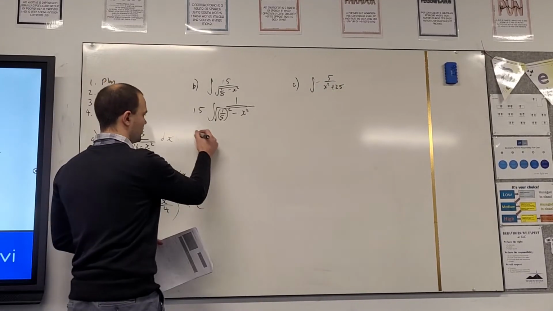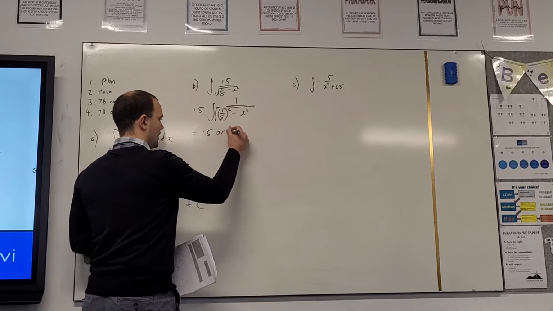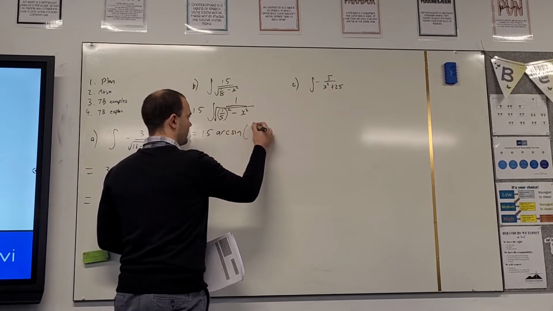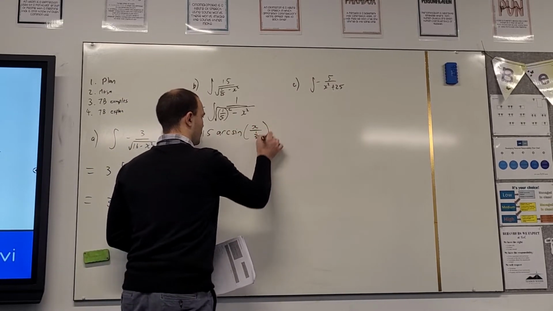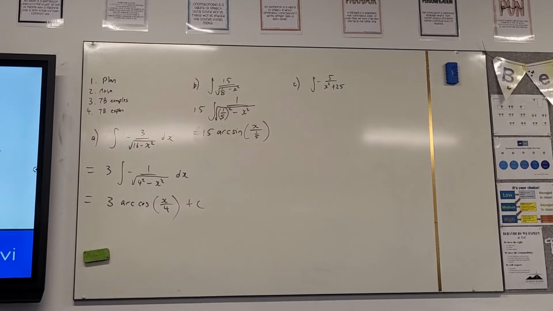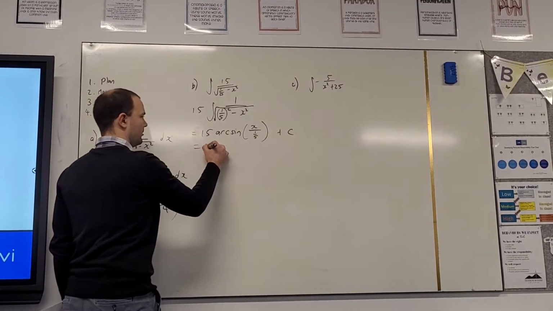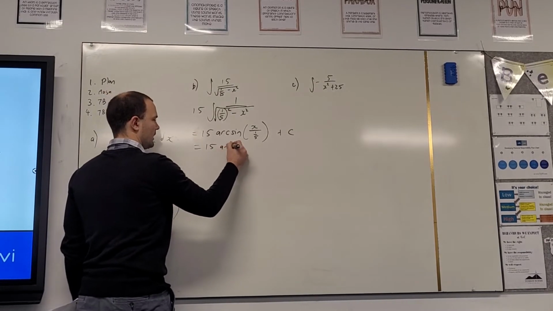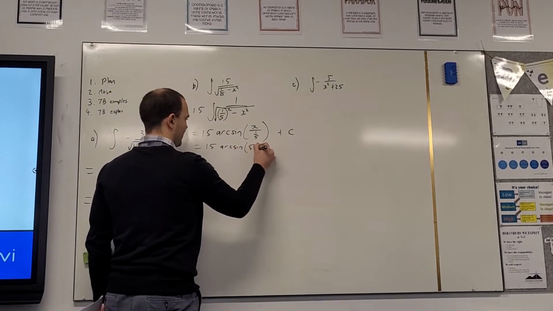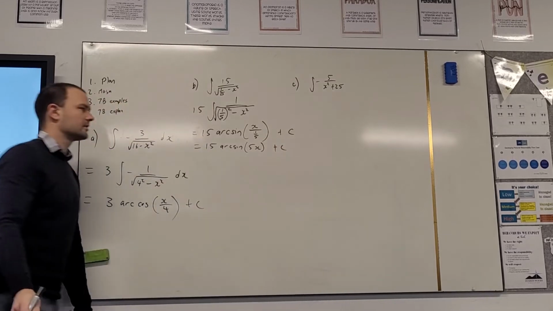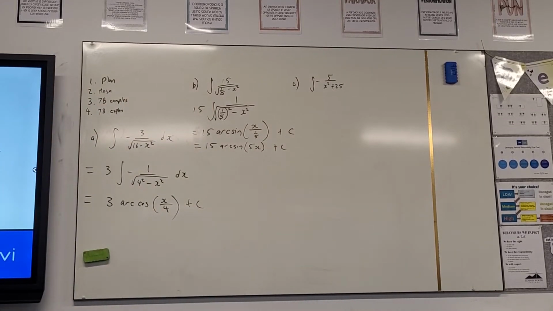And so what's it going to go to? The 15 hangs out. Arc sine of x on top of 1 on 5 plus c. And then that will simplify to 15 arc sine of 5x, so x on top of 1 on 5 will simplify to 5x. So there's B.